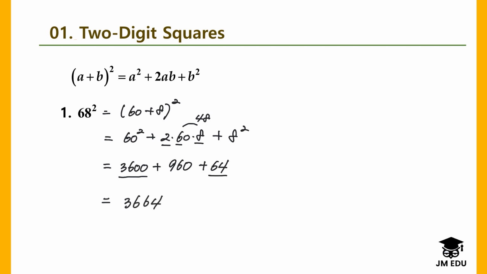Which is 6 squared right here, 8 squared, 64 right here. And after this, we're going to add 96. That's actually 960, but if we write 96 in this position, that's 960, right?